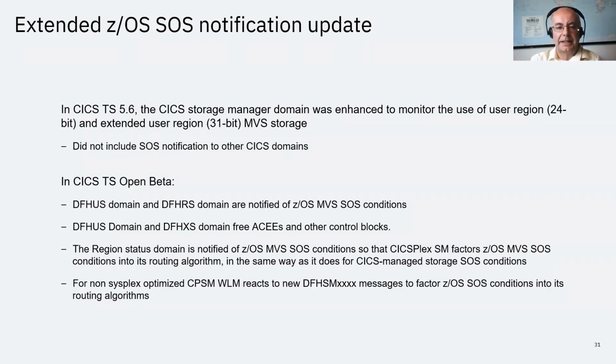The US domain, in cahoots with the XS domain, which is security, will free up ACEs and other control blocks if we're short on 31-bit storage. These ACEs typically stay around and are only deleted when you exceed the USRDELAY parameter that you specify in the SIT. But if we're actually short on z/OS or MVS 31-bit storage, we will preempt that and immediately free them.